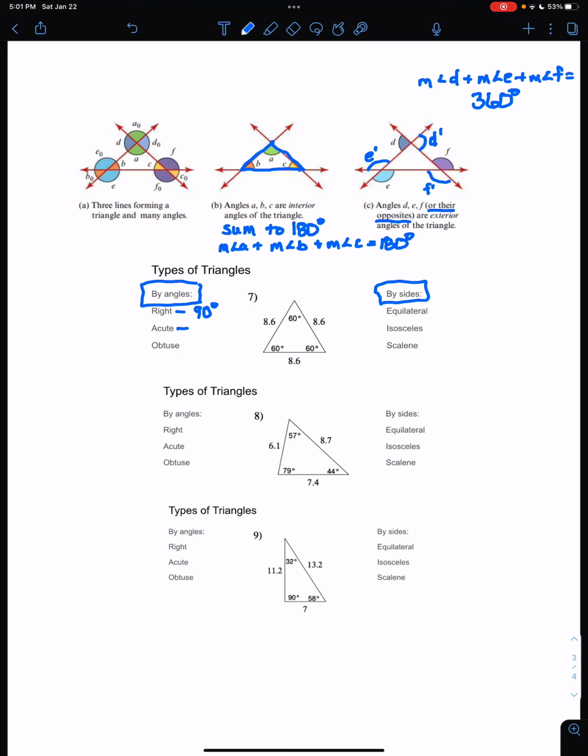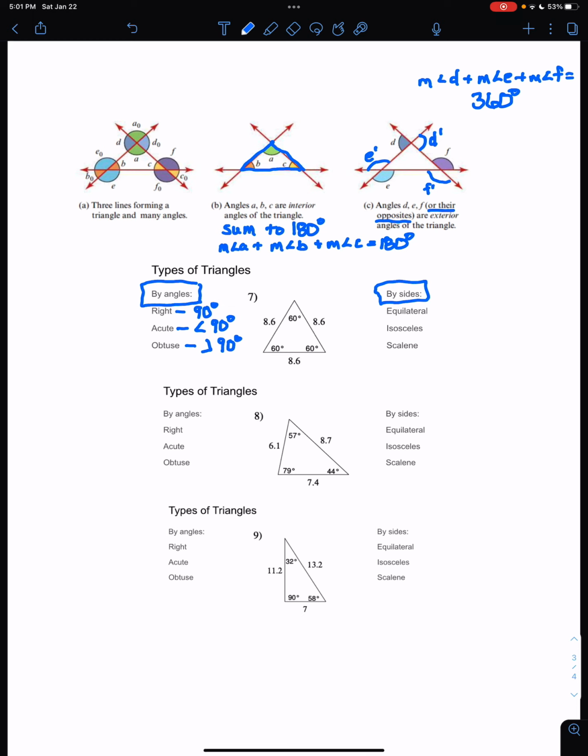But an acute triangle has all of the interior angles less than 90 degrees. And for an obtuse triangle, one of the angles in an obtuse triangle has to be greater than 90 degrees.